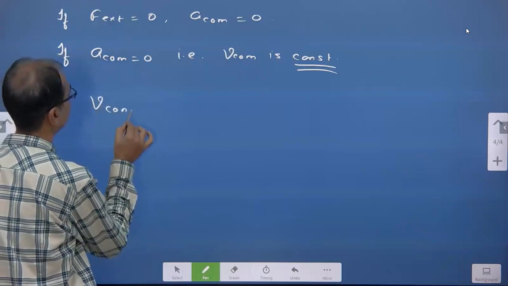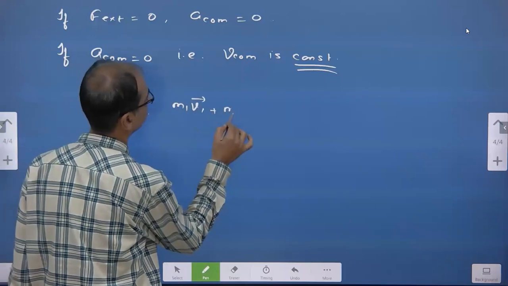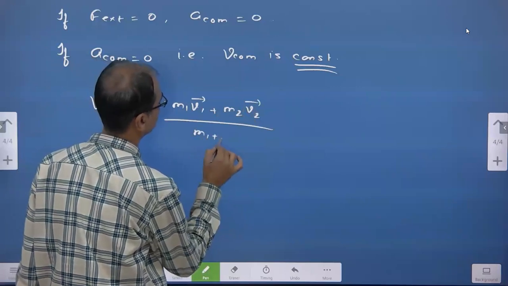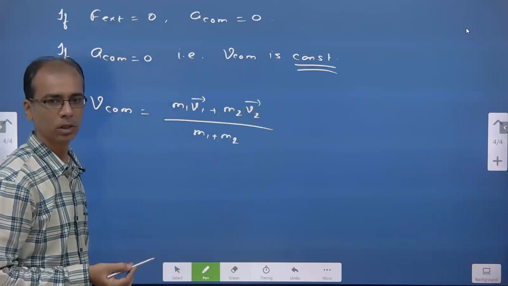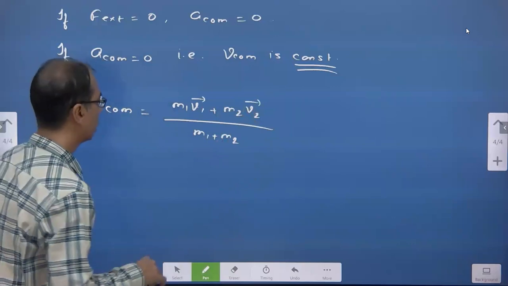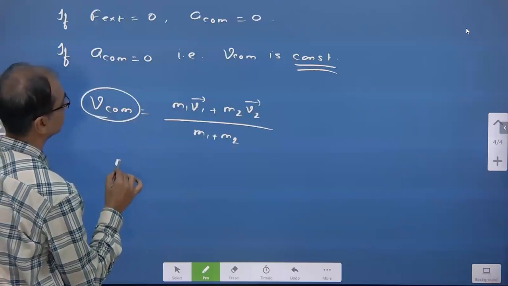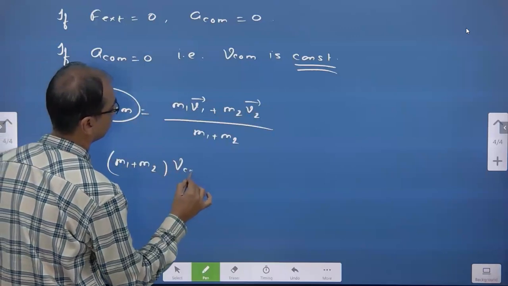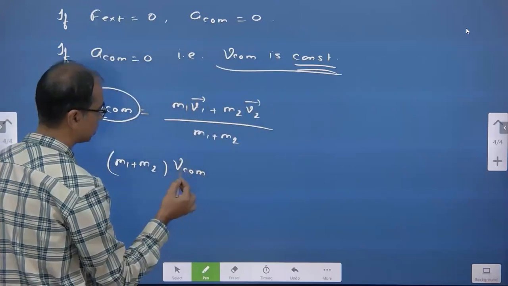V_COM is actually (M1V1 plus M2V2) by (M1 plus M2). Right? So if V_COM is constant, that means (M1 plus M2) into V_COM is constant.